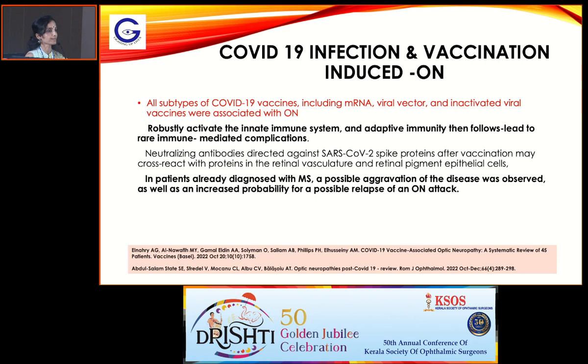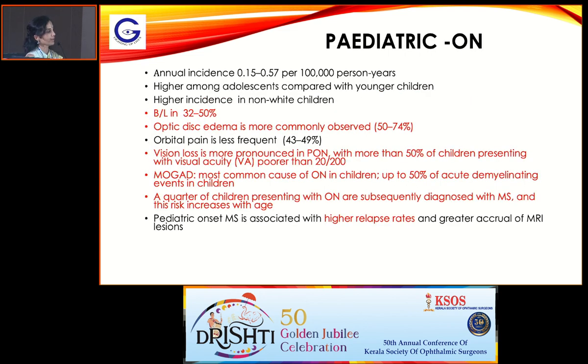COVID-19 saw the onset of variable types of optic neuritis associated with the disease as well as with vaccinations. We are all familiar with that. Pediatric optic neuritis. We know that pediatric optic neuritis is a little different from the typical optic neuritis we see in the adult population.